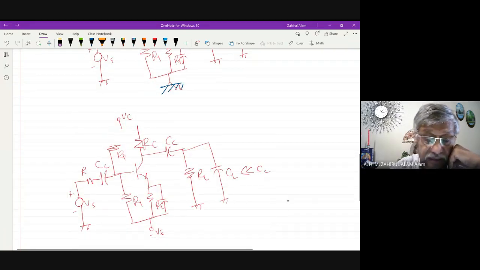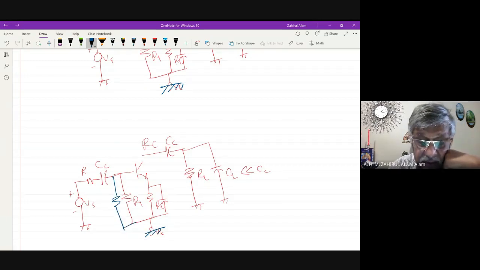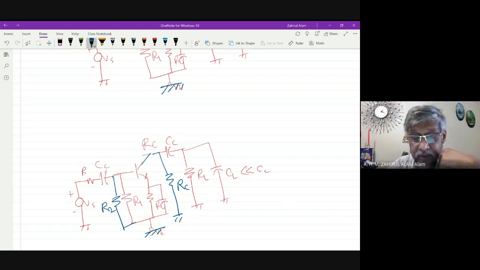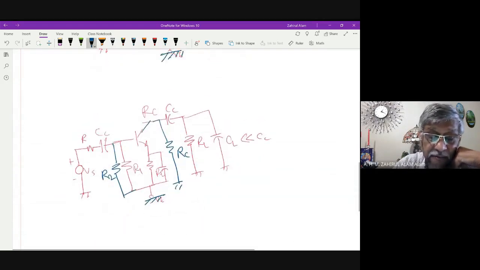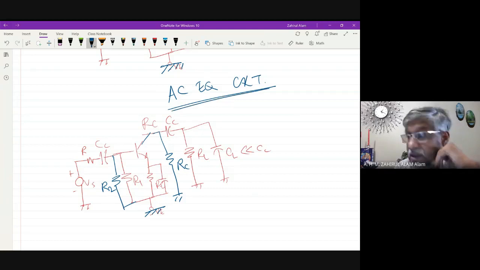This one is coming to this location, and this is connected to ground and RC is connected to ground. So now this is the AC equivalent circuit. Correct?